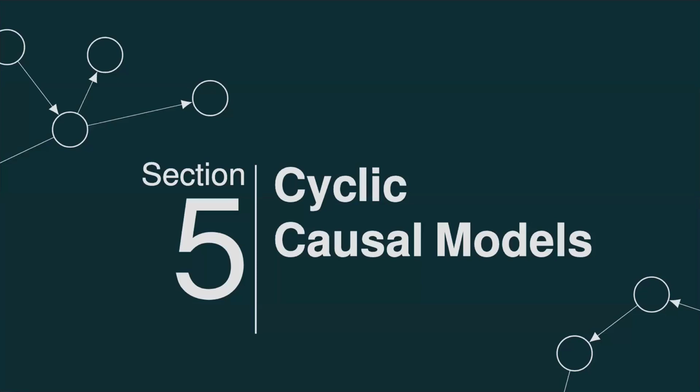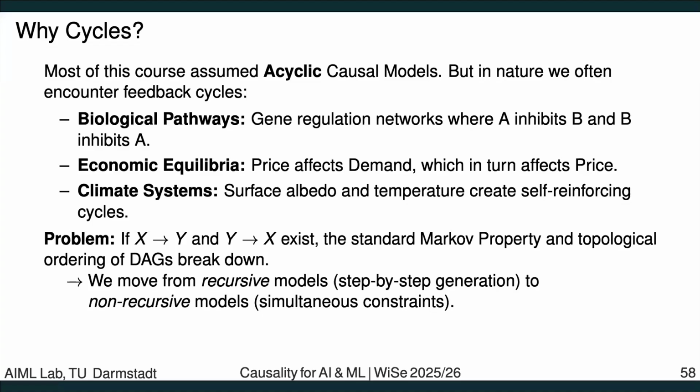And finally, I think it was sometimes mentioned, but usually we looked at acyclic causal graphs because they are nice to compute. You start at the root node and from there compute all the other nodes. But of course, in reality, we usually observe cyclic relations. This can be in biology, in economy, in climate systems, right?